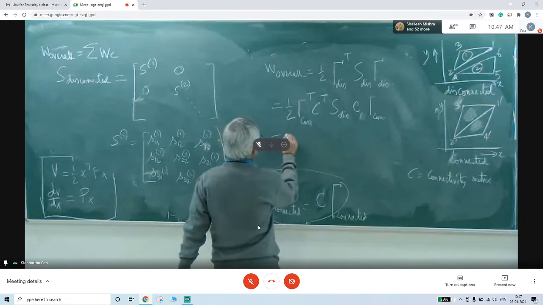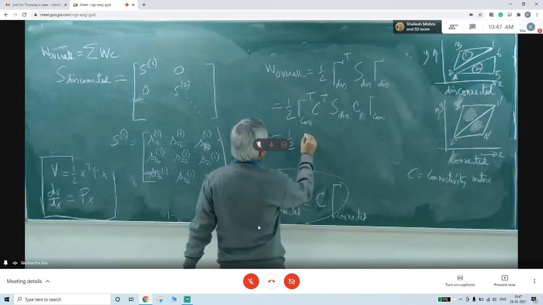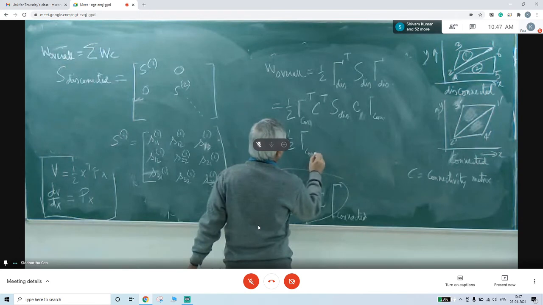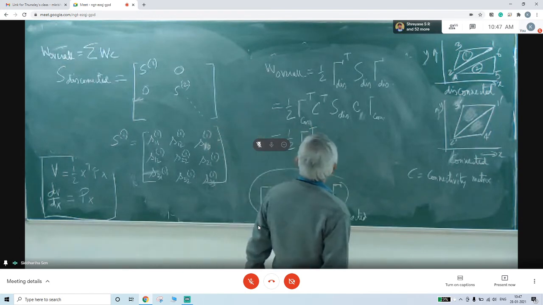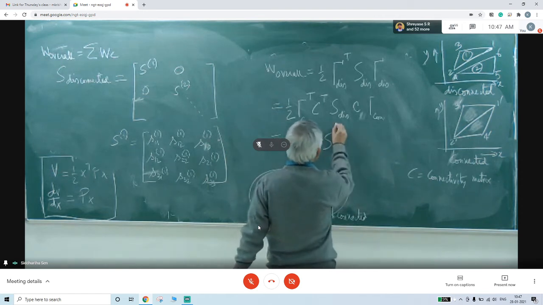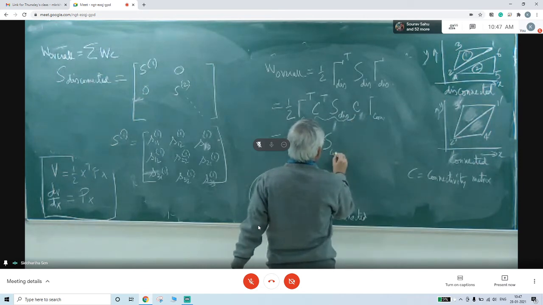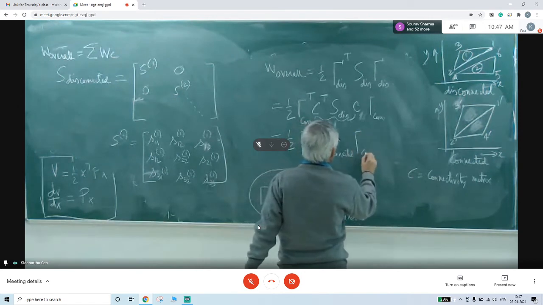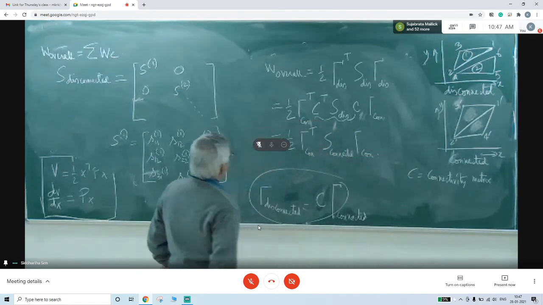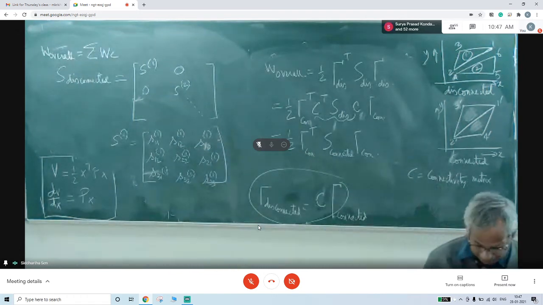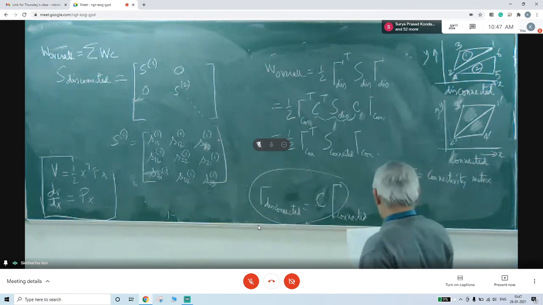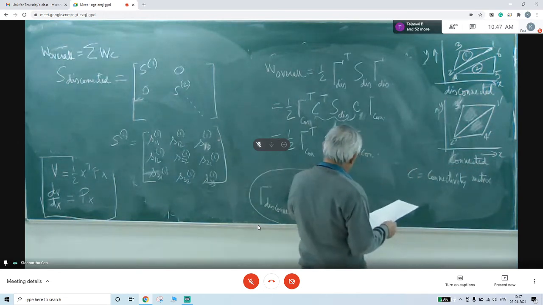So finally, it doesn't matter much for us there, but I can say the dimension can be greatly reduced if I define S dashed, or these two together, three together, as S connected, and then lambda connected. So W overall is equal to half lambda connected transpose S connected lambda connected.